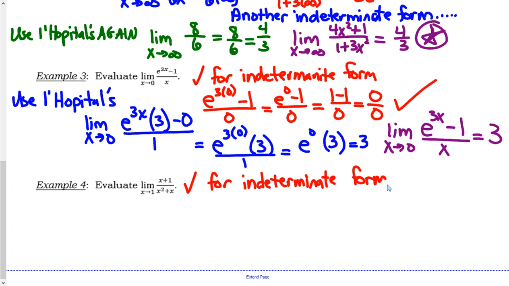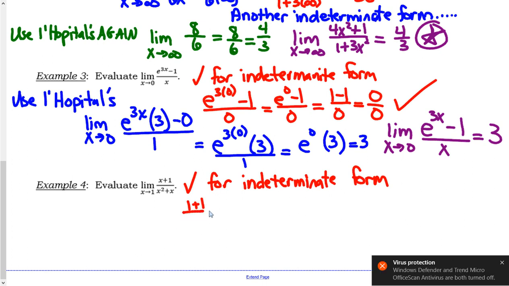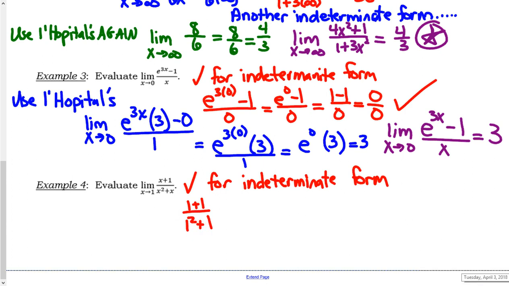And when I do that, I get 1 plus 1 over 1 squared plus 1. And that comes out to be 2 over 2. Is that an indeterminate form? We do not have an indeterminate form, which simply means I cannot use L'Hopital's rule. So I just evaluate the limit, which is exactly what I just did by checking for the indeterminate form.